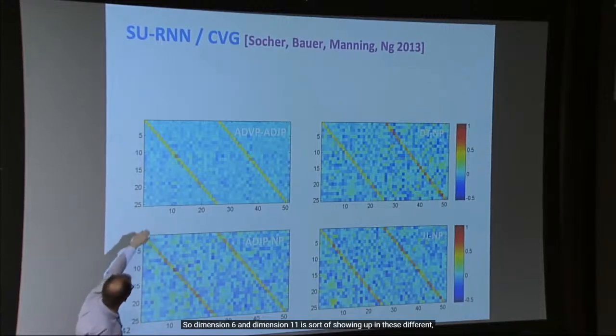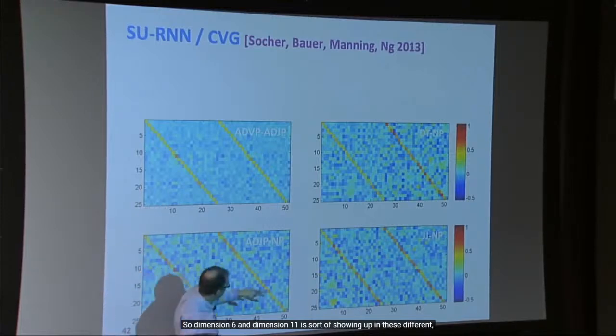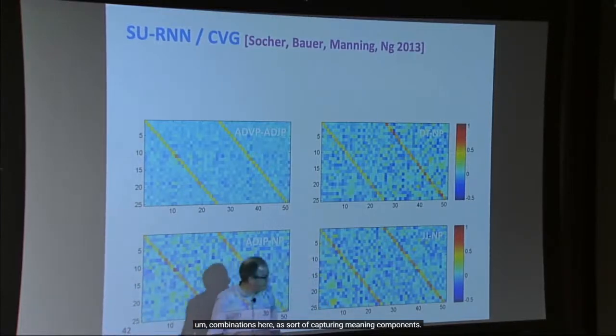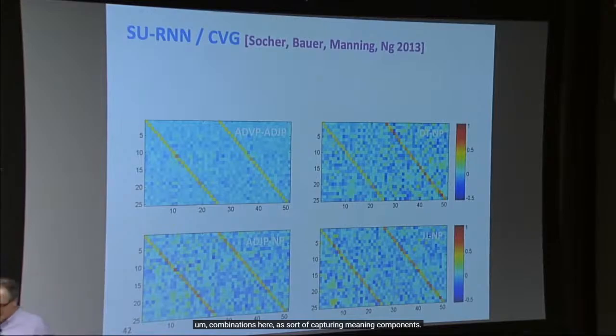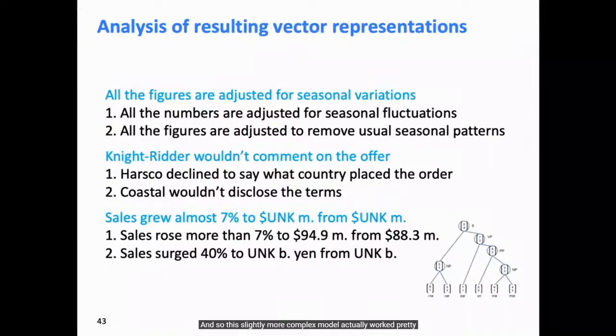So dimension 6 and dimension 11 show up in these different combinations here, capturing meaning components. So that was kind of neat. And so this slightly more complex model actually worked pretty well at capturing the meaning of phrases and sentences.